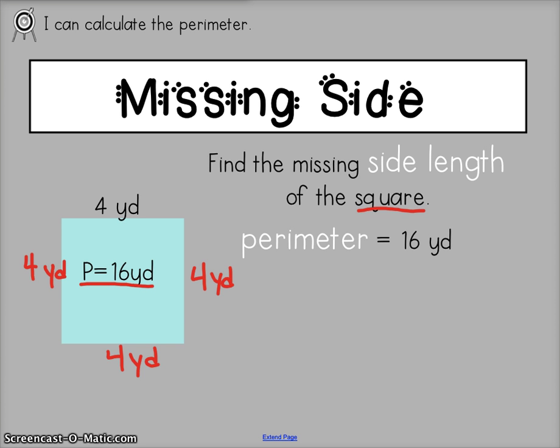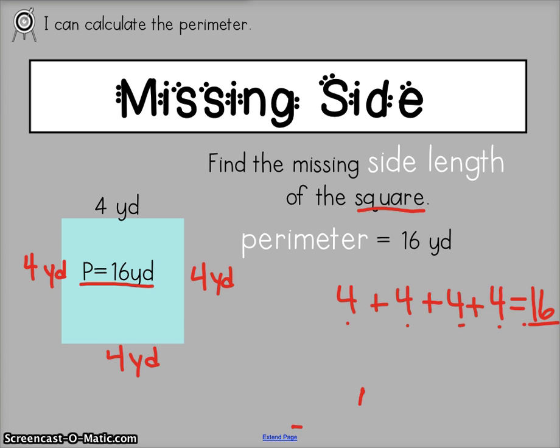So let's just do that really quickly. 4 plus 4 plus 4 plus 4. I'm going to use skip counting. I'm going to skip count by 4s to help me get my answer. 4, 8, 12, 16.